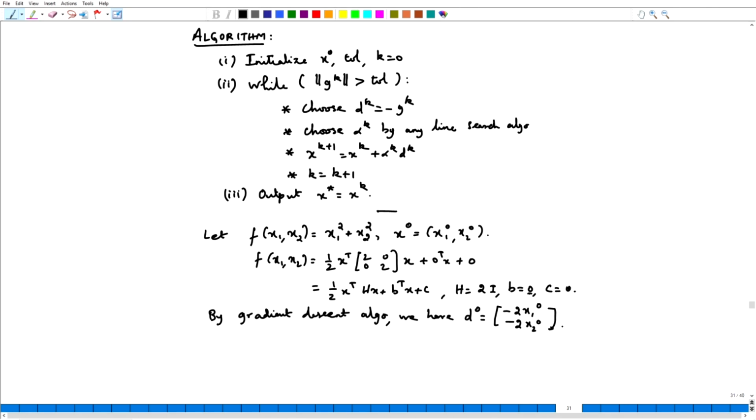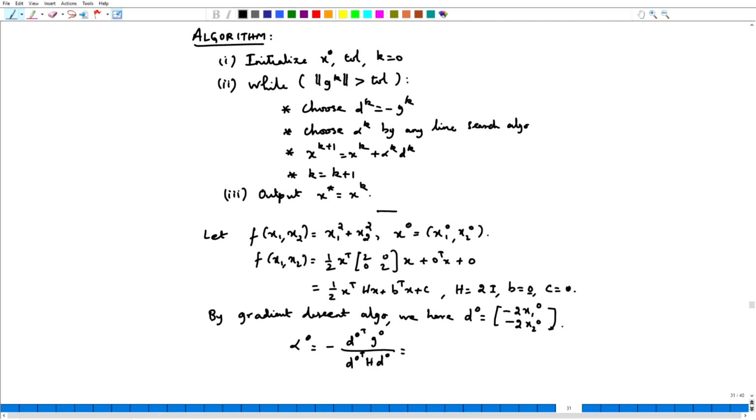And we will now find alpha 0. Alpha 0, you can recall, is minus d 0 transpose g 0 by d 0 transpose h d 0.